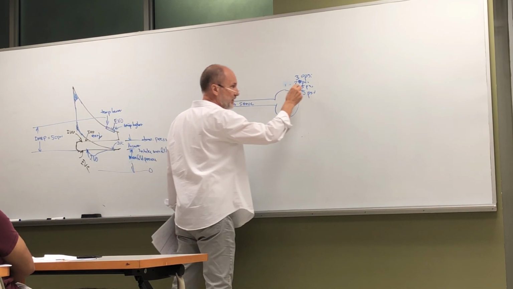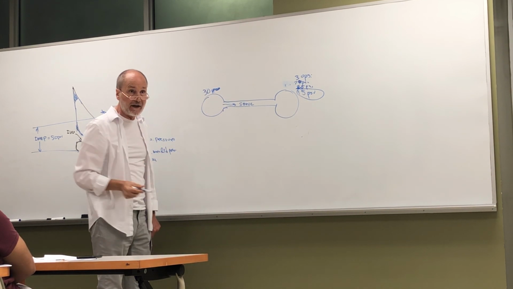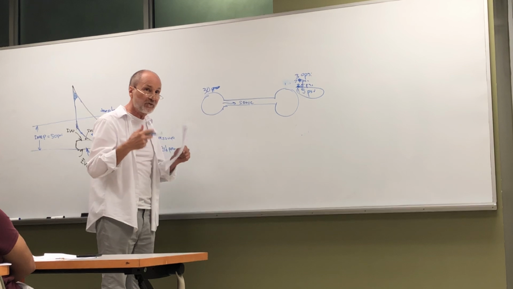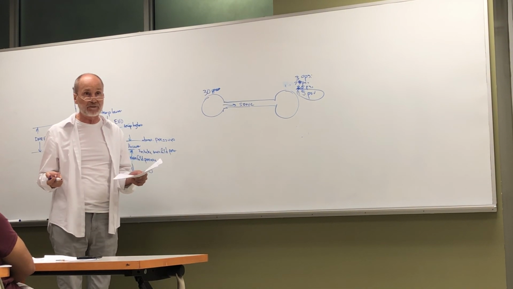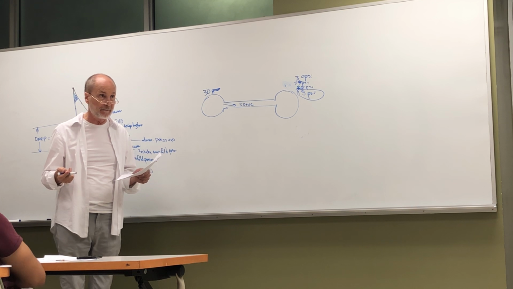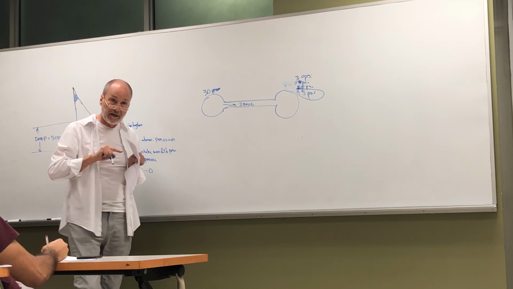By the time I get down to 15 psi, these gases are moving at the speed of sound. Now, any pressure waves difference in a gaseous medium can only travel at the speed of sound, right? If I make a noise up here, you don't hear it the instant I make it.